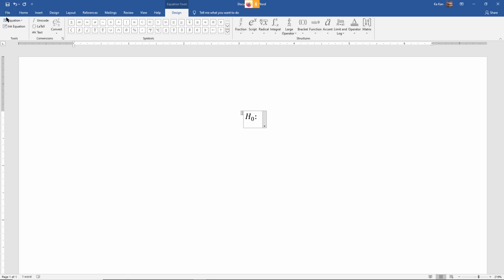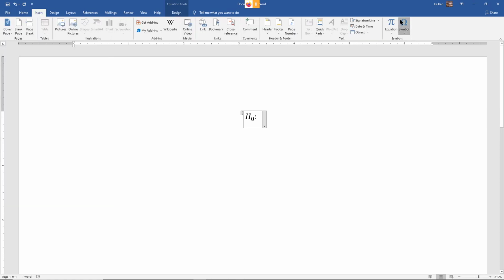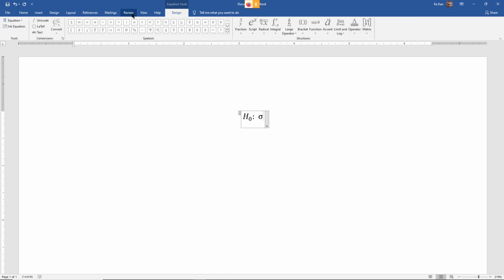It's going to be this symbol right here, the standard deviation of the population. I'm just making an example: bigger than or equal to, let's just say 100.